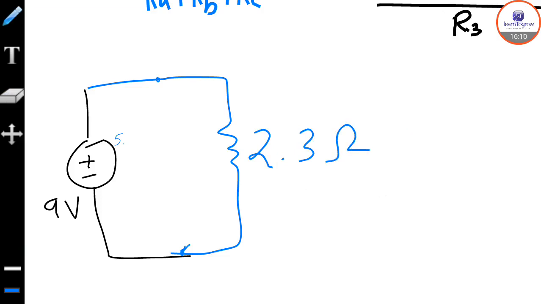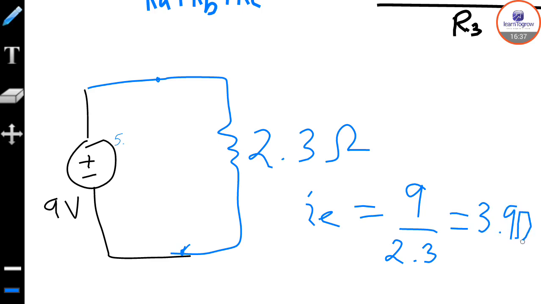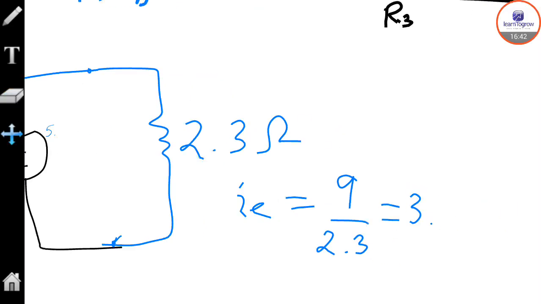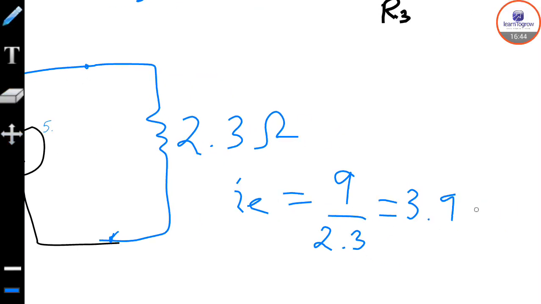Now you can see how simply we have solved, we have analyzed the circuit. For IE, it will now become simply 9 upon 2.3 according to the formula, and 9 divided by 2.3 makes 3.9 amperes.